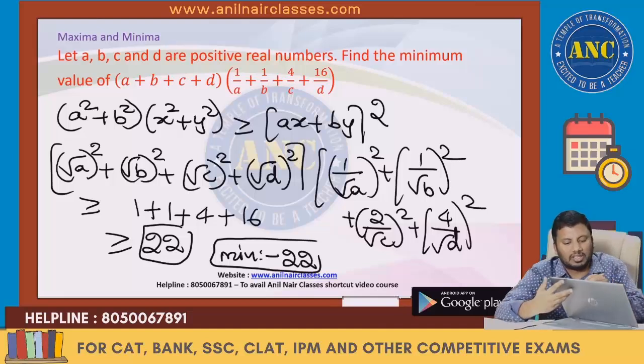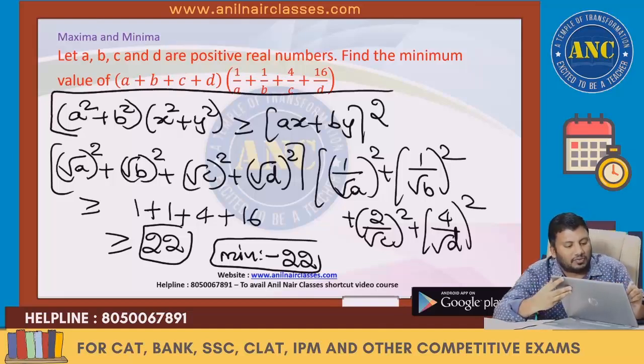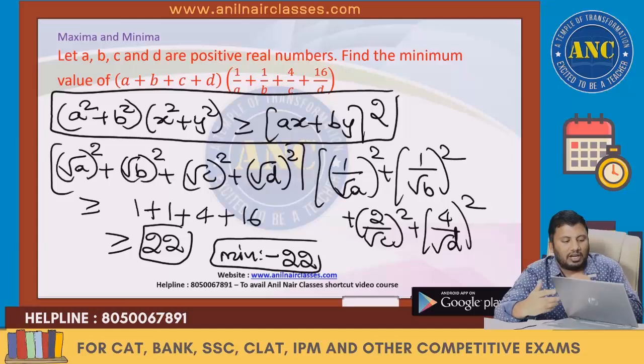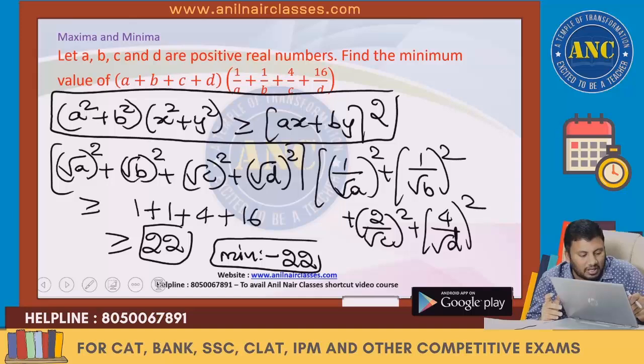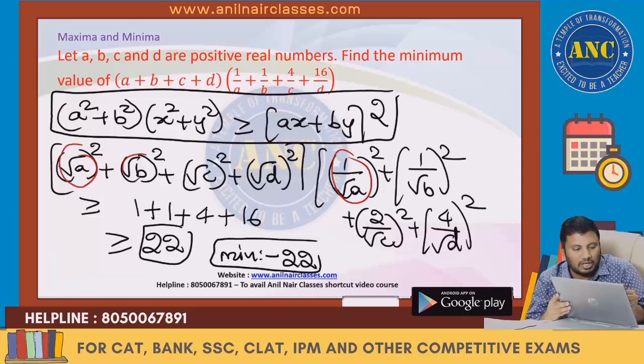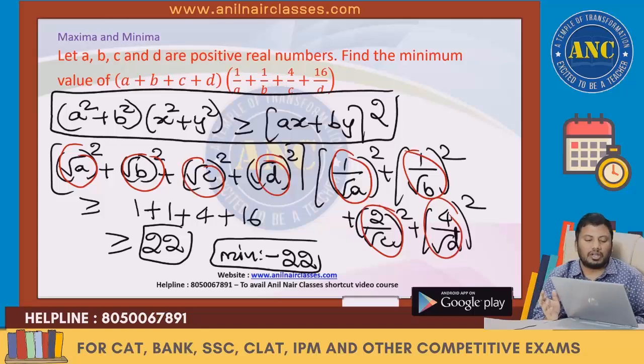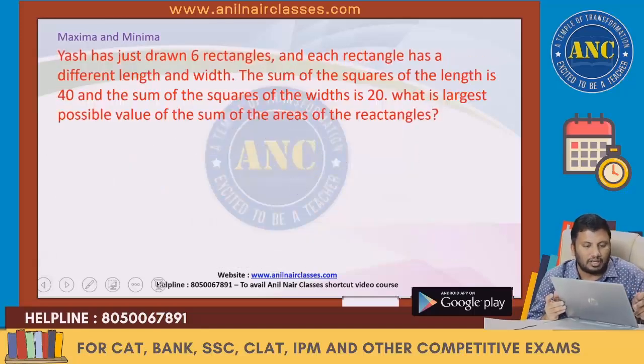The inequality which we used is this: (a square plus b square) into (x square plus y square) is greater than or equivalent to (ax plus by) whole square. Ax plus by is, I multiplied this into this, this into this, this into this, this into this. I hope the idea is clear.